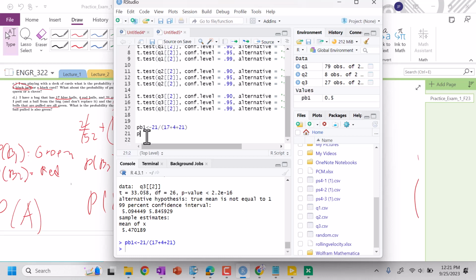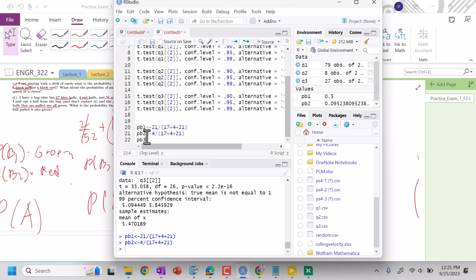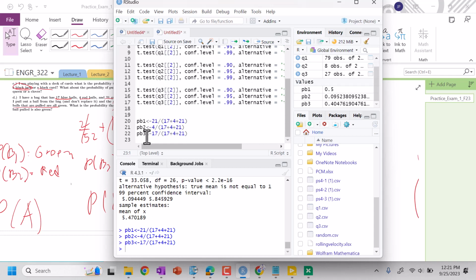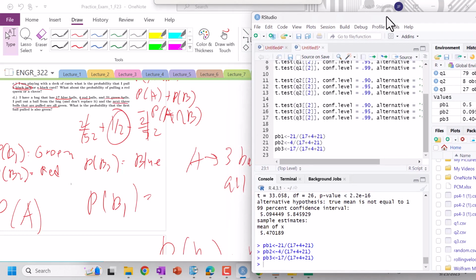The probability of B2, that it's red, is 4 divided by 17 plus 4 plus 21. The probability of B3, that it's blue, is 17 divided by 17 plus 4 plus 21. Good, that's taken care of.